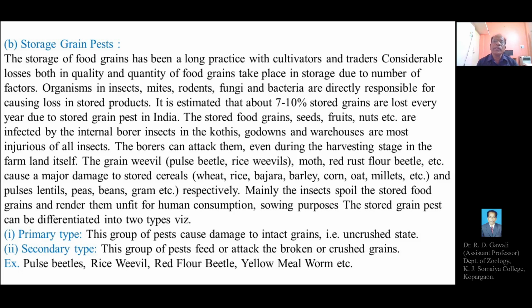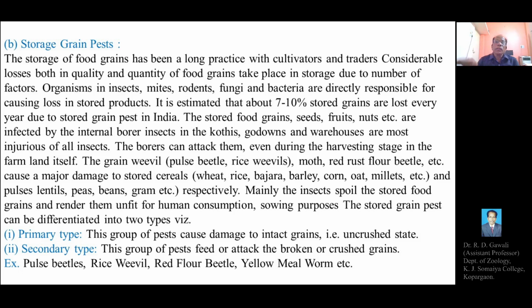The stored food grains, seeds, fruits, nuts, etc. are infested by the internal borer insects in the coties, godowns, and the warehouses, which are the most injurious of all insects.